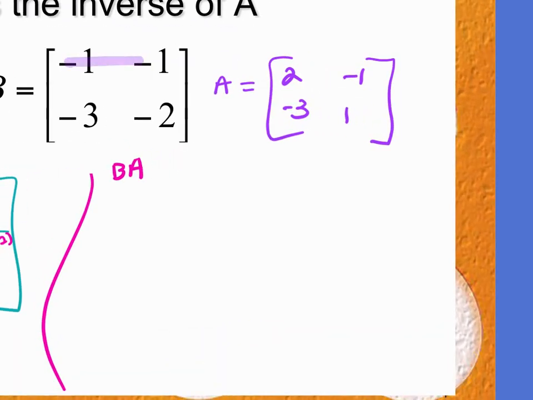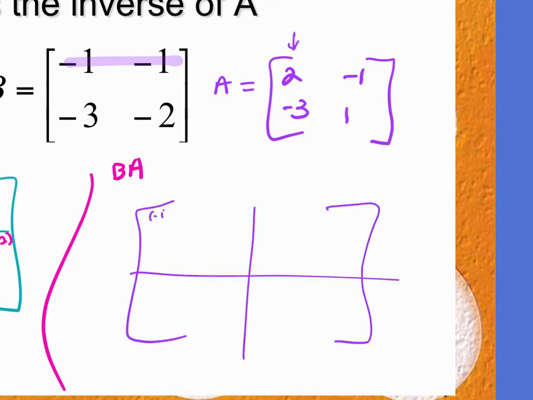So now I'm going row 1, column 1. Negative 1 times 2 plus negative 1 times negative 3, and I get negative 2 plus 3, which is 1. Row 1, column 2. Negative 1 times negative 1 plus negative 1 times 1, and I get 1 minus 1, which is 0.